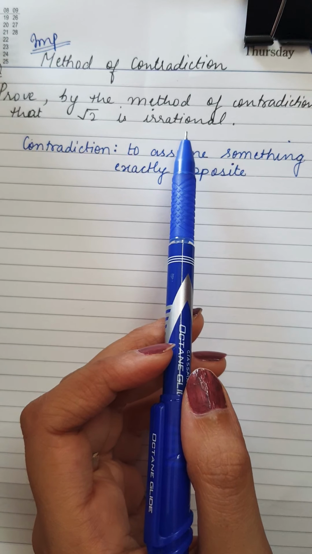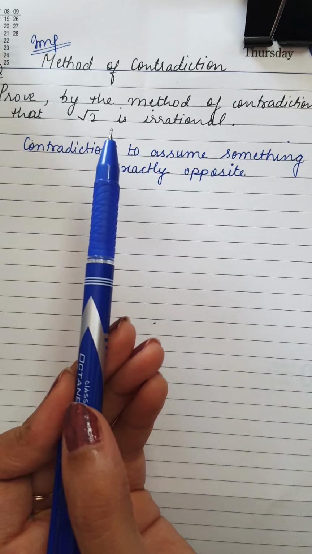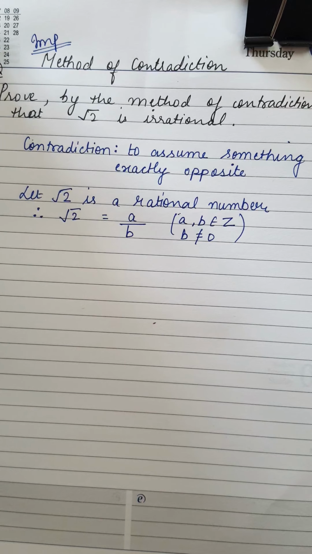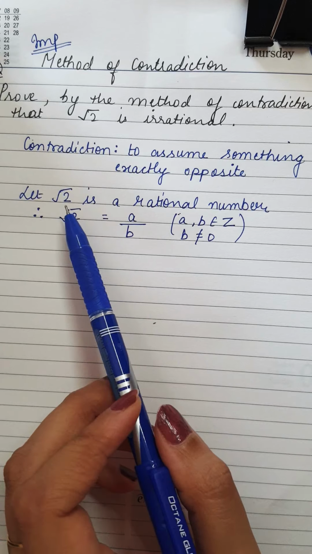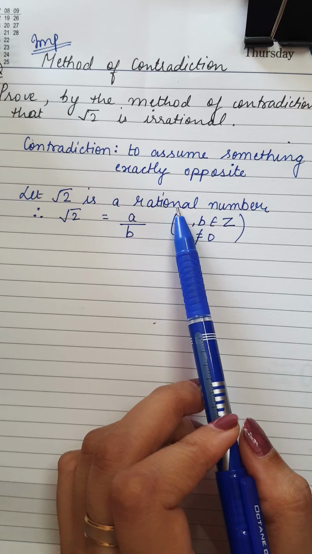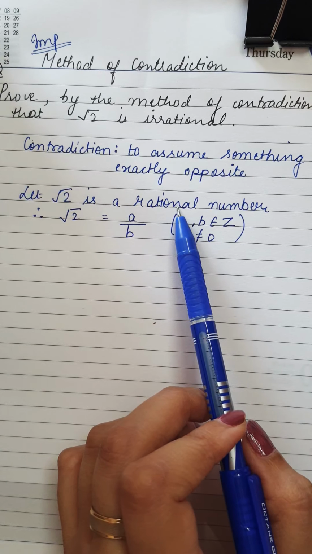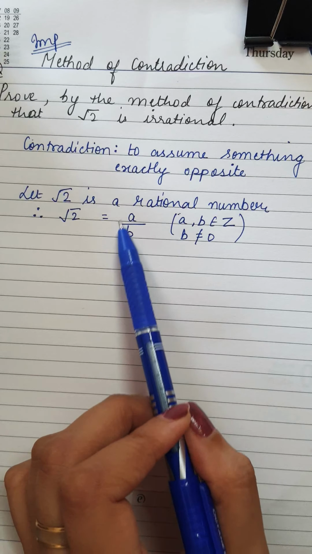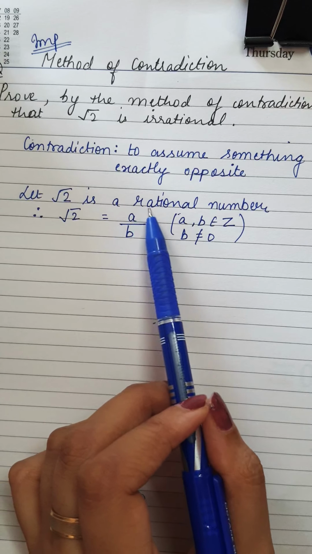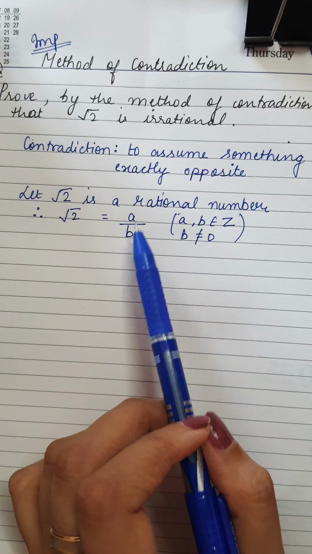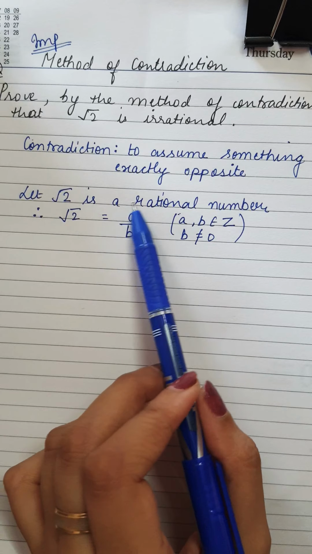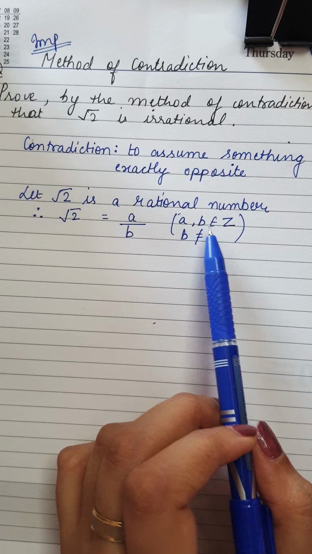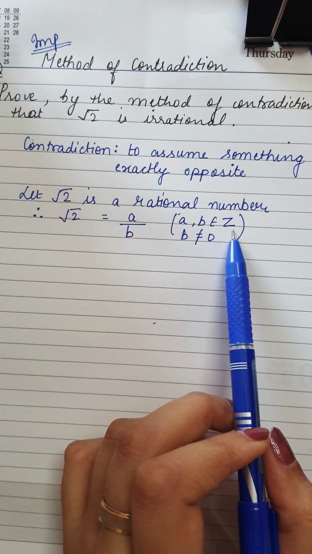So now we will assume the exact opposite of it, that √2 is a rational number. So here we have assumed exactly the opposite, that √2 is a rational number. And since it is a rational number, it can be written in fractional form like all rational numbers. That means √2 = a/b, where b is non-zero and both a and b belong to Z. I hope you remember the symbols.